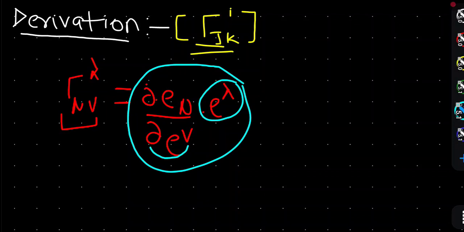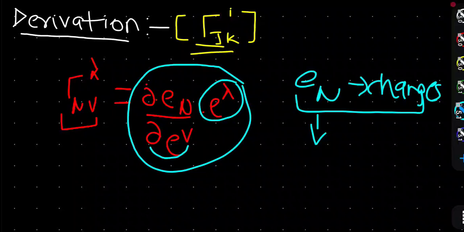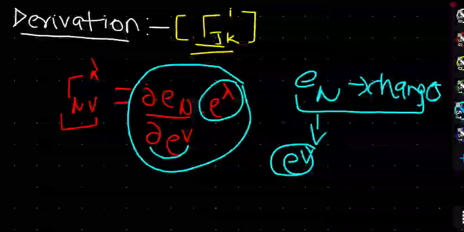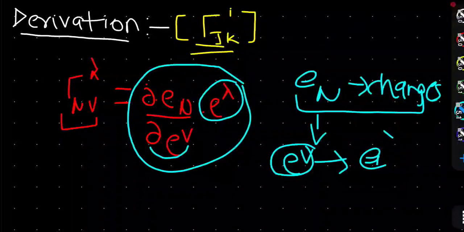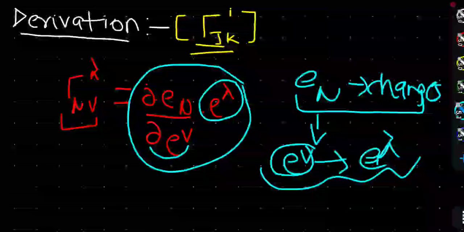It is like saying how e mu changes while differentiating it with respect to e nu, in the direction of e lambda. This is what the geometrical interpretation means.